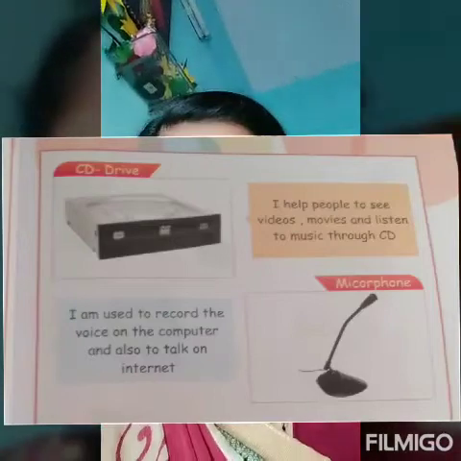Okay. Now you saw the different devices, na? Many parts of a computer. So they are divided into two types, input devices and output devices. Input devices are used to give data and instructions to the computer.